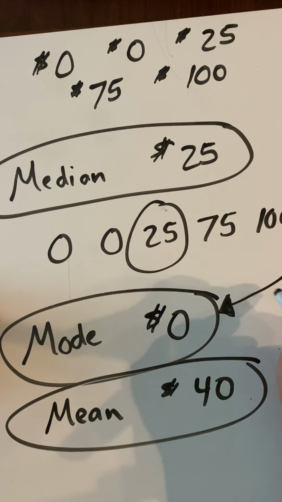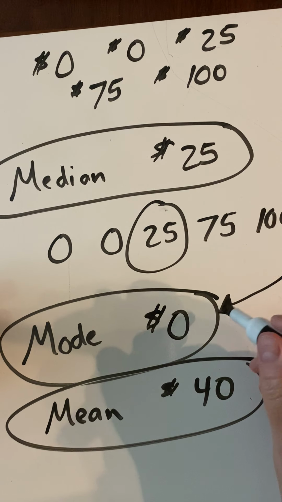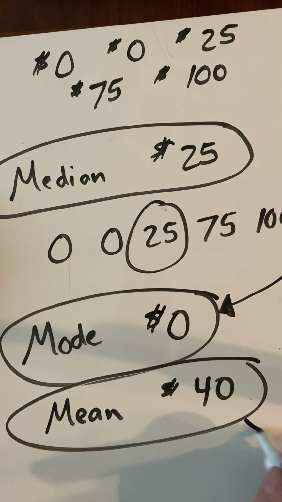I might want to use mean, because it's $40, a little bit more, if I wanted to convince Mother Gigi that you all are a hard-working bunch of people and $40 is how much on average you would make.